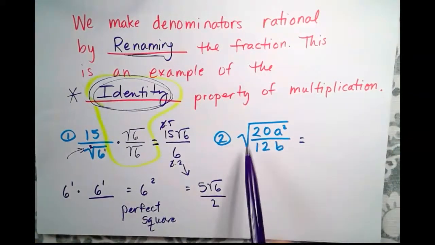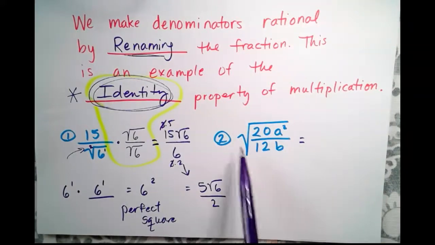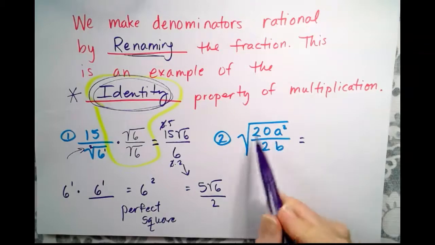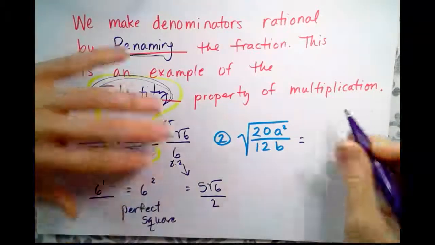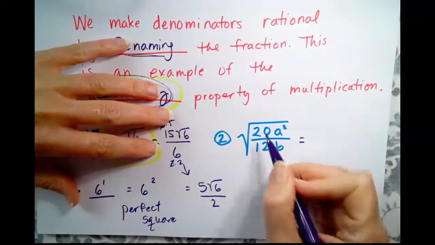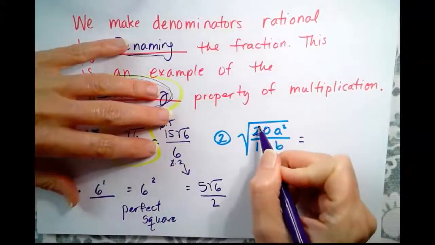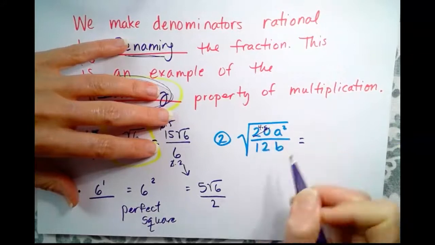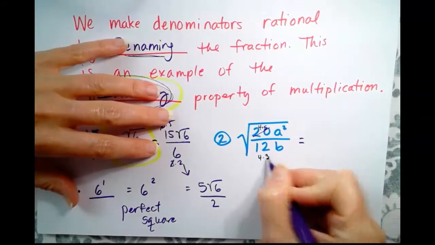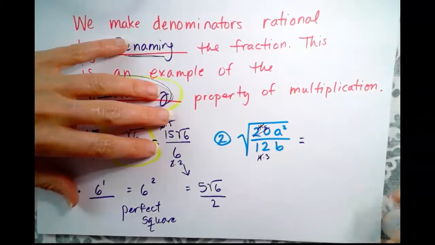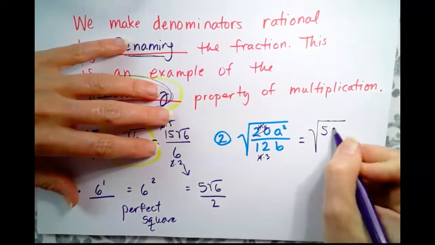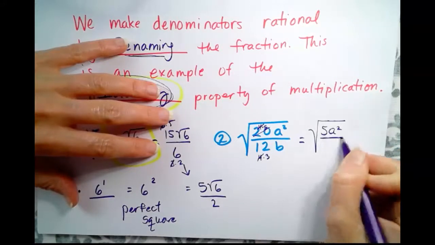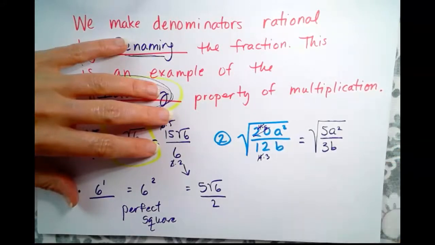So, also from a previous video, a radical sign is a grouping symbol. So if we are able to reduce a fraction underneath the radical, then we should do that. 20 is 4 times 5, and 12 is 4 times 3. So we can cancel those 4's, and we end up with 5a squared over 3b.